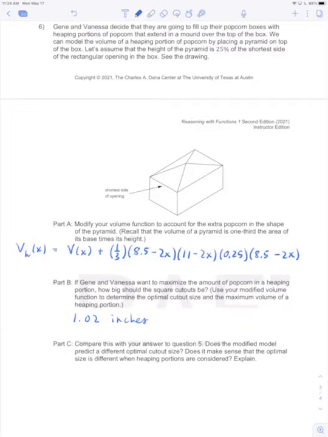Part C. Compare this with your answer to question 5. Does the modified model predict a different optimal cutout size? Does it make sense that the optimal size is different when the heaping portions are considered?